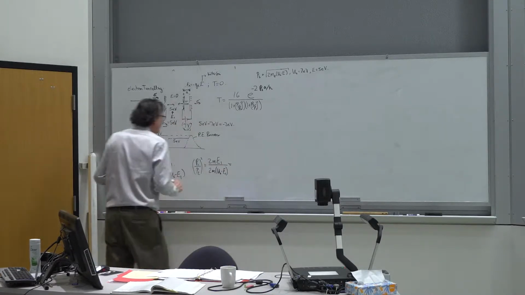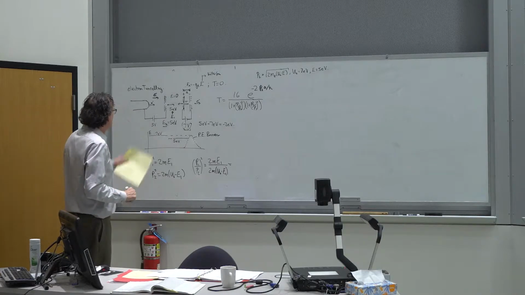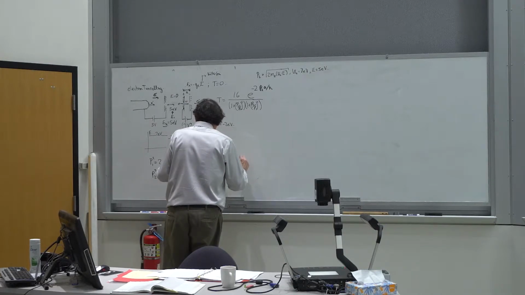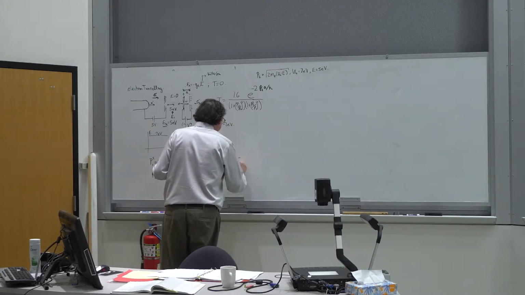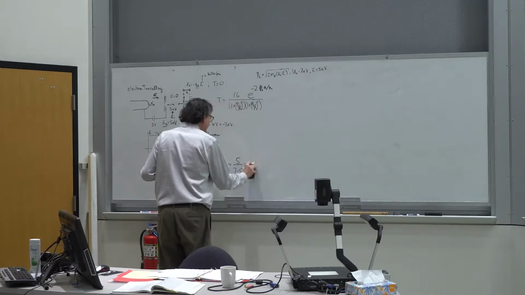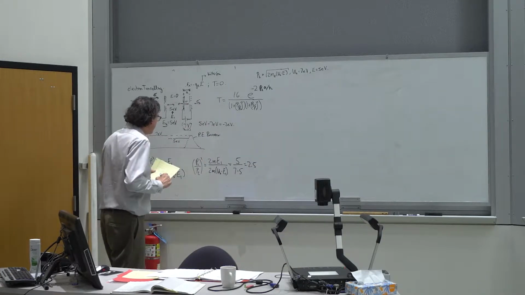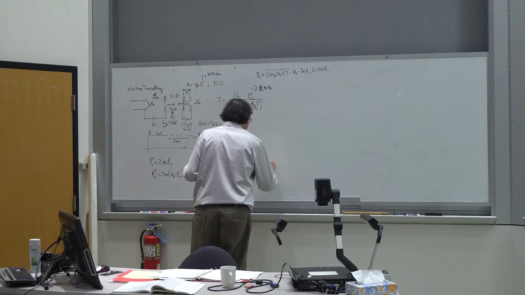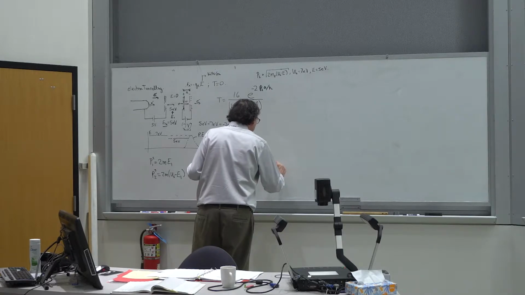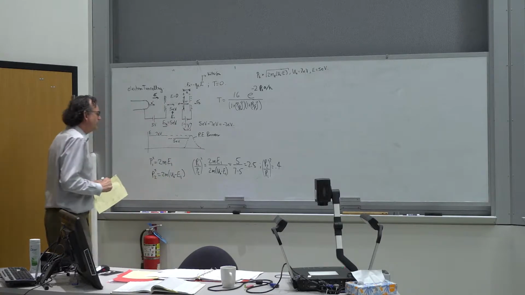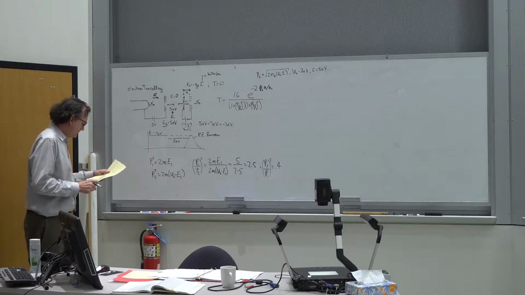And therefore the masses cancel out. E1 is 5, U0 is 7. So this becomes 5 divided by 7 minus 5, which is equal to 2.5. And the inverse of that, P2 over P1 quantity squared, is equal to 1 over 2.5, which is 0.4. Is that right? 1 over 2.5 is 0.4.